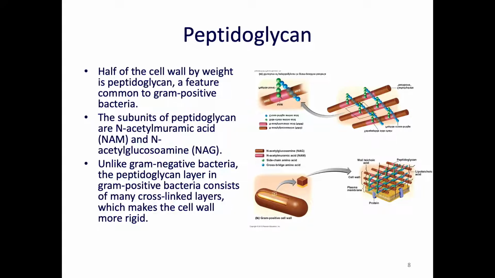And unlike gram-negative bacteria, the peptidoglycan layer in gram-positive bacteria consists of many cross-linked layers. You can see them here. This is NAM and NAG, and these layers are connected with these peptides, and there are many cross-linked layers.